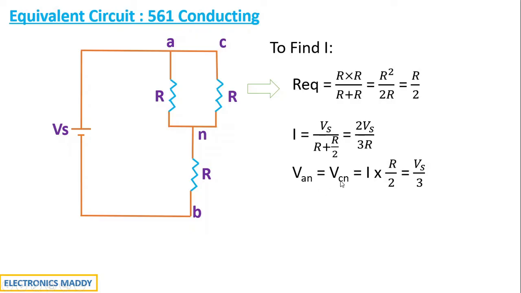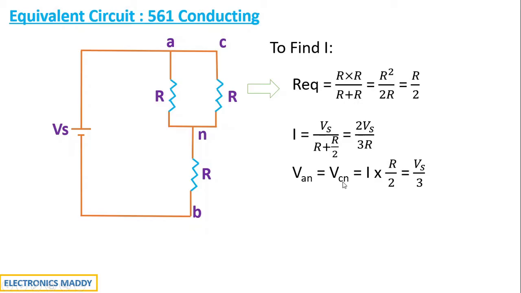So VAN is equal to VCN, because if you carefully observe, both are connected between the same 2 points, isn't it? So the voltage will be the same because the resistance values are also same. That is why VAN is equal to VCN, and which is basically I into R by 2, the effective resistance. So as a result, if you substitute the value of I that is found out previously, you'll be getting Vs by 3.